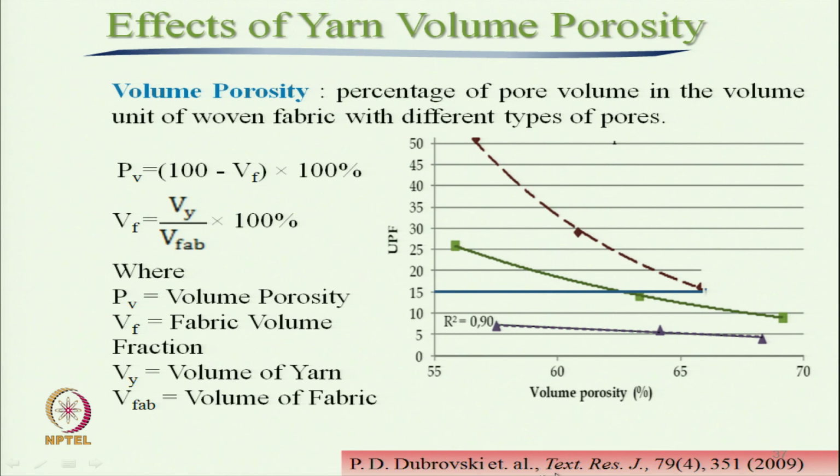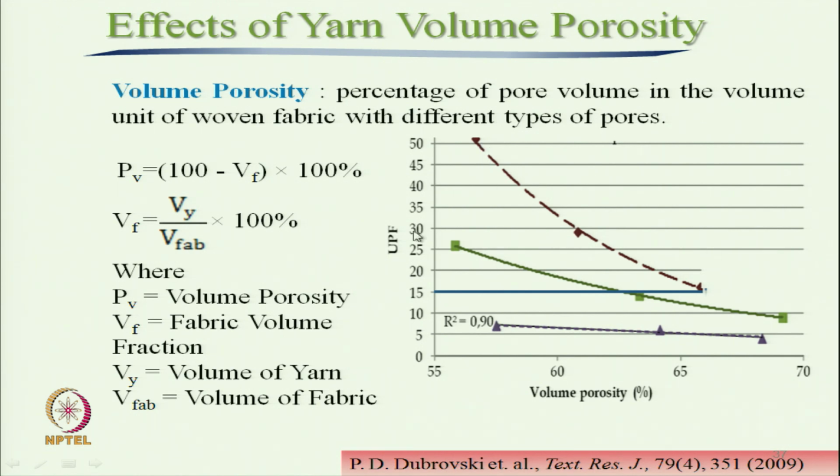As far as volume porosity is concerned, with the increase in porosity of fabric, that means the void present in fabric, the UPF value reduces. So, these are for different types of woven structure.